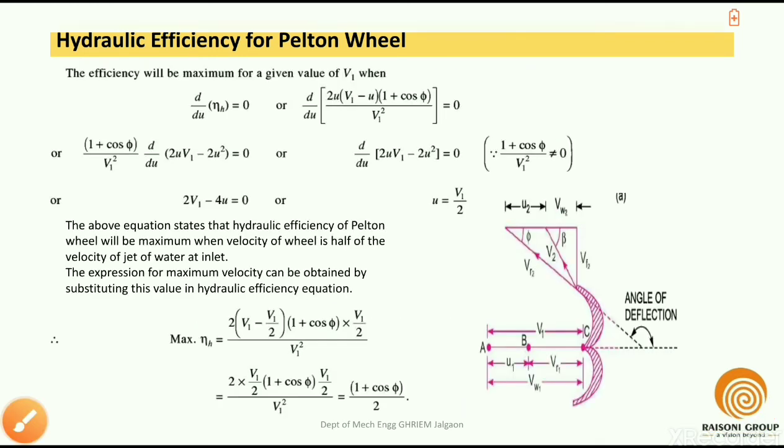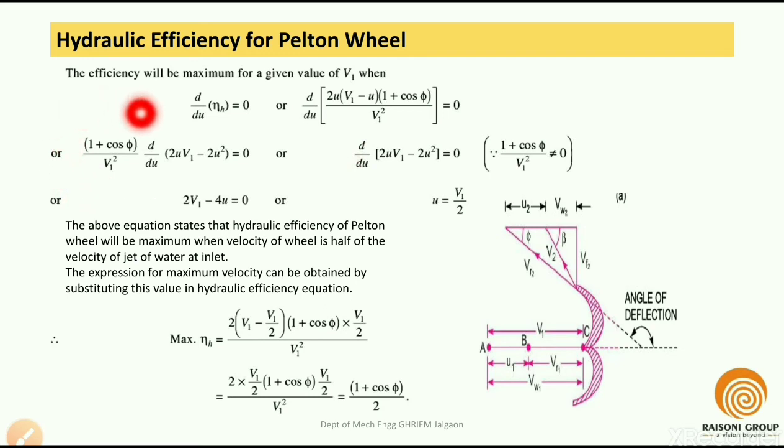Now to find the maximum hydraulic efficiency for a particular value of V1, meaning when the jet velocity is kept constant, and for this particular jet velocity if you want to find the maximum hydraulic efficiency, then we need to take the derivative of this hydraulic efficiency equation and compare it with 0.